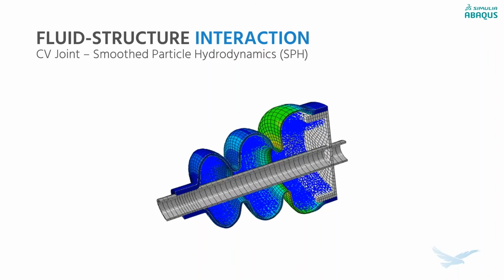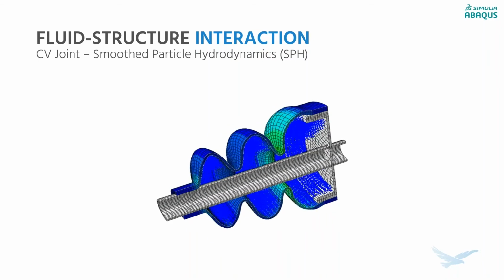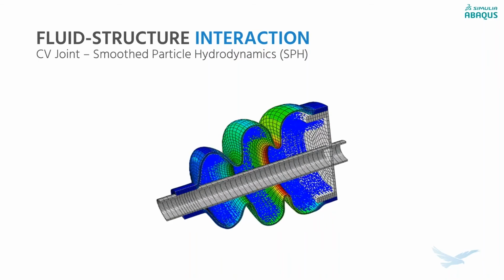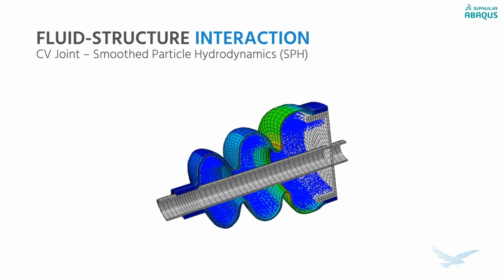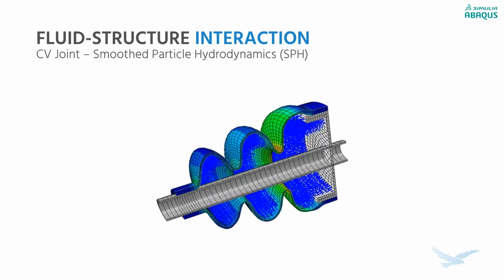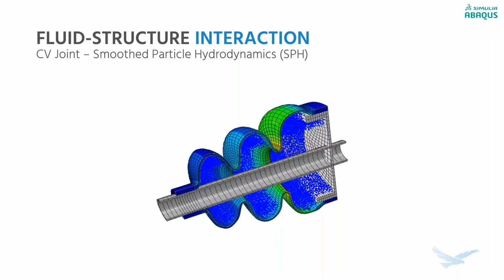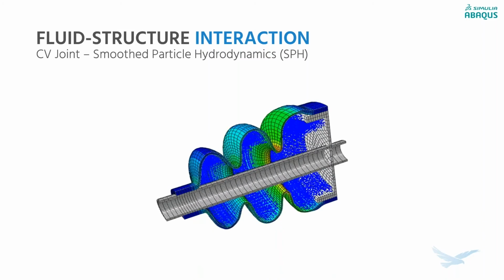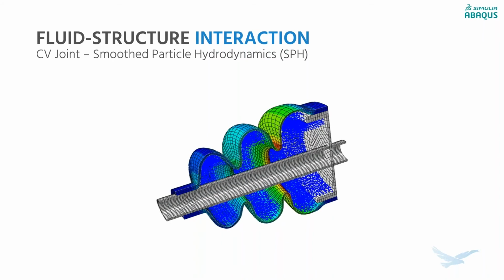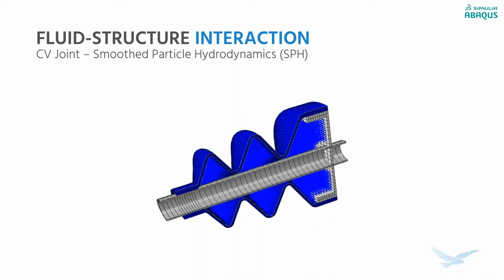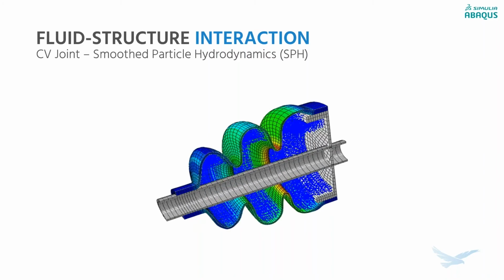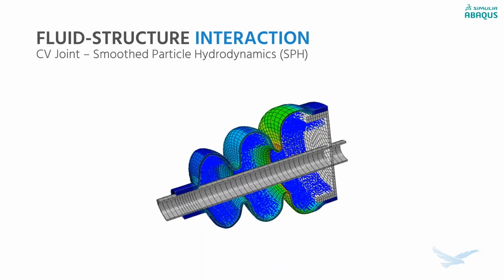Now, both the CEL and SPH techniques are really good at doing FSI when the structure is the most important part of the problem. However, if the fluid is the more important part of the problem, you've got some really interesting fluid behavior, sometimes the accuracy of CEL and SPH isn't enough.